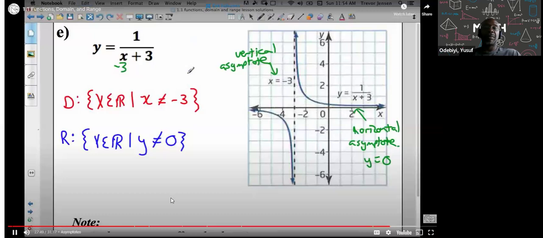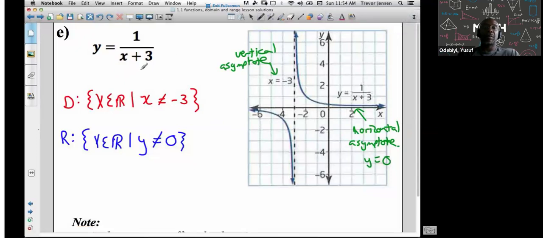So there will always be a vertical asymptote at any x value that makes your function undefined, that makes the denominator 0. So there's a restriction for our domain. This relation exists everywhere along the x-axis except at -3.